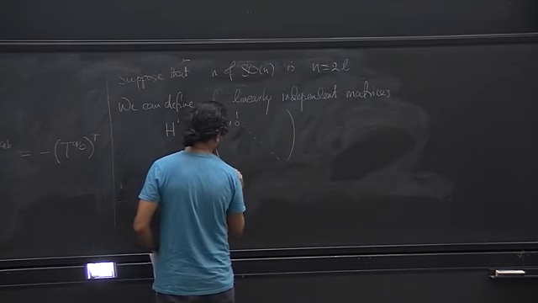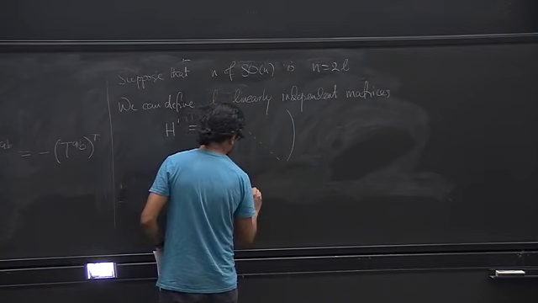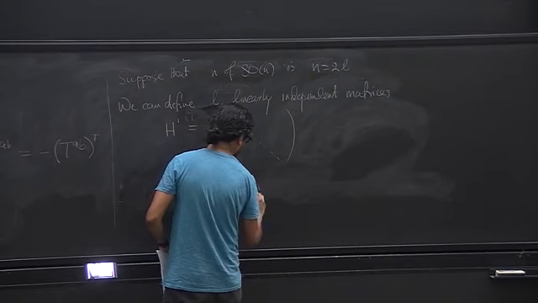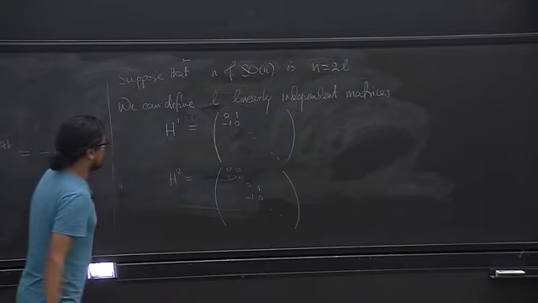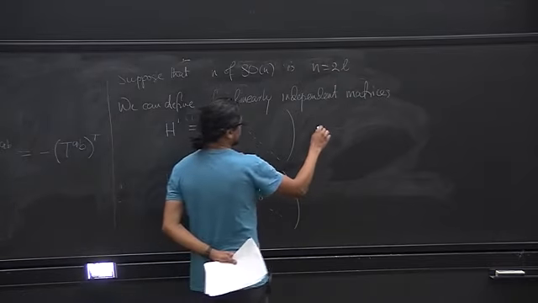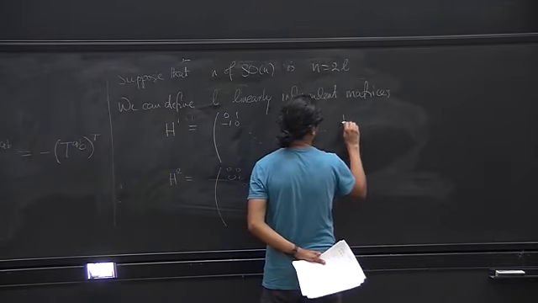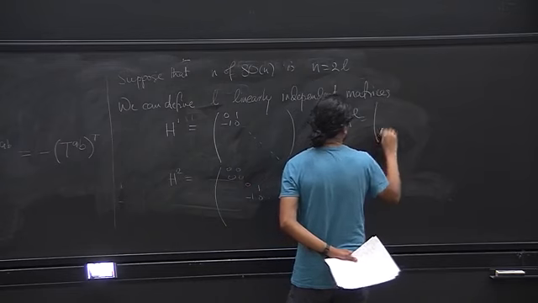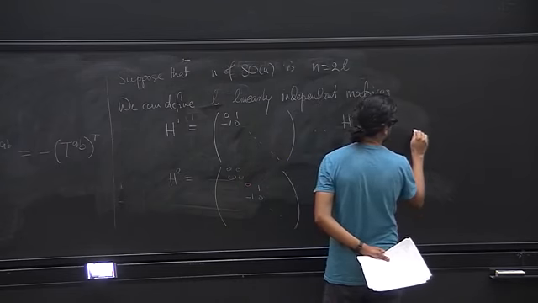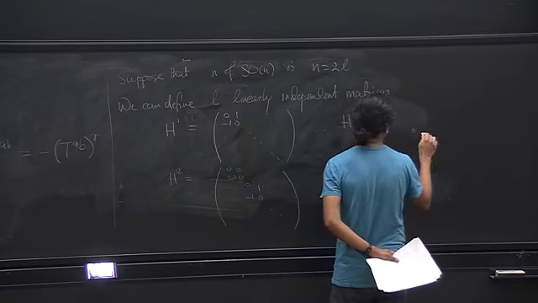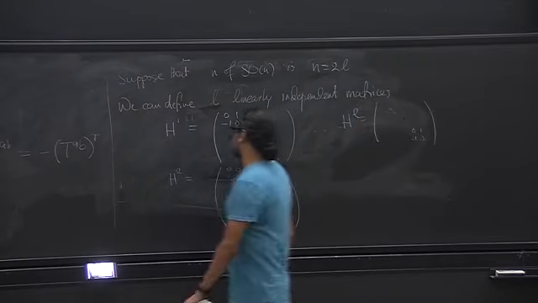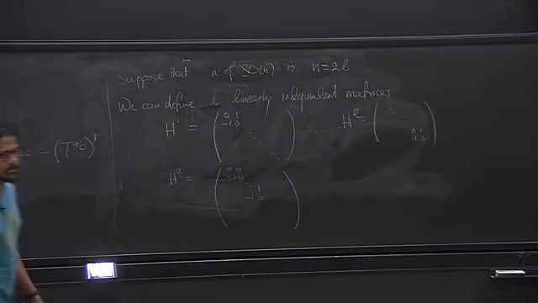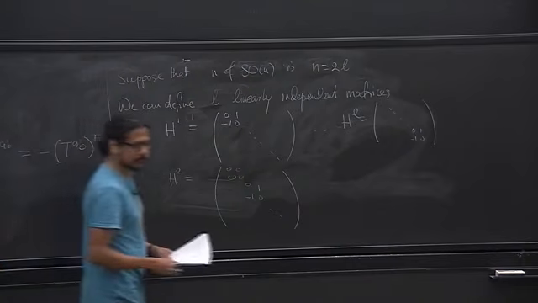and so on, until you get HL, where everything is 0 except the last 2 by 2 block. Now it should be clear that all these matrices commute with each other, right?